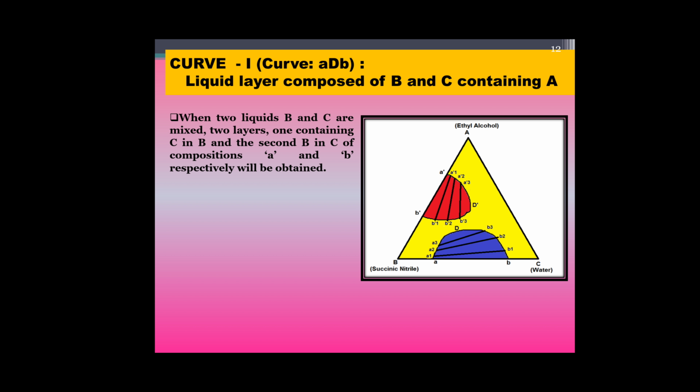When two liquids B and C are mixed, two layers are formed, one containing C in B and the other containing B in C. Means when succinic nitrile and water are mixed with each other, they form two liquid layers because of their partial miscibility: one liquid layer containing succinic nitrile in water and another liquid layer containing water in succinic nitrile.